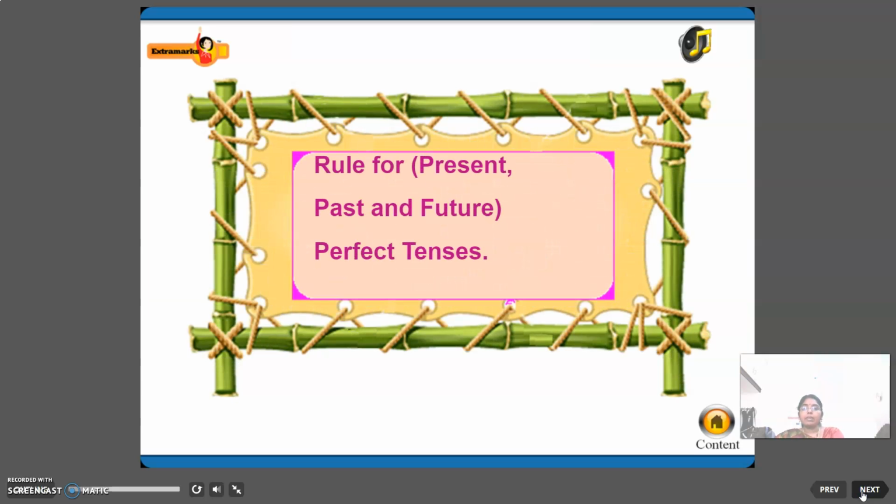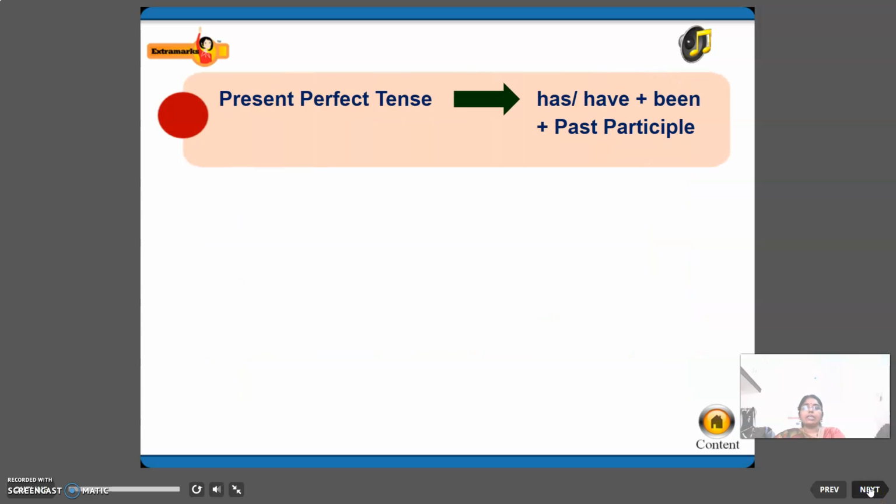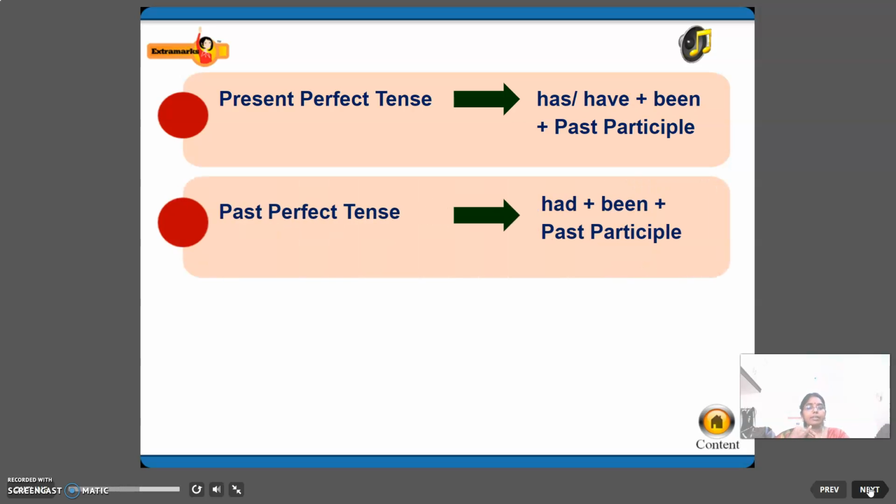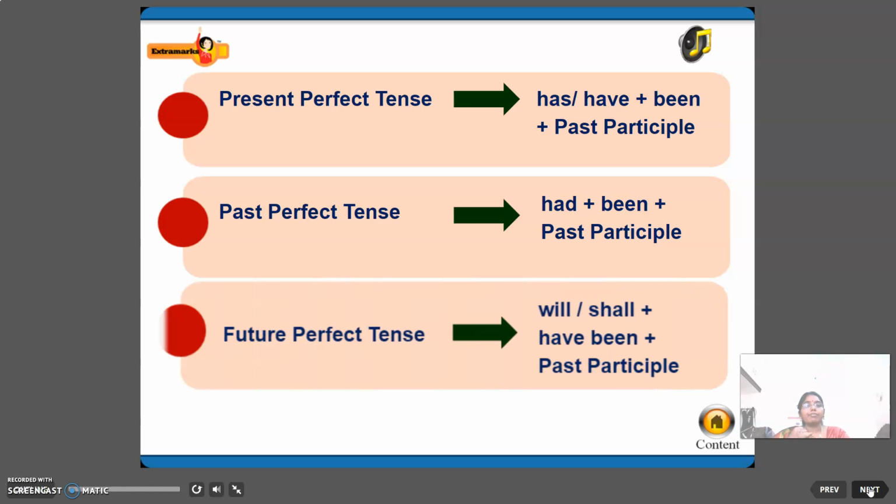Okay. Right. Now the rules for present, past and future perfect tenses. Present perfect tense: what is the rule? Has, have. When it is singular, you have to use has. When it is plural, you have to use have, plus been plus past participle. Has or have plus been. If it is continuous, we use being.